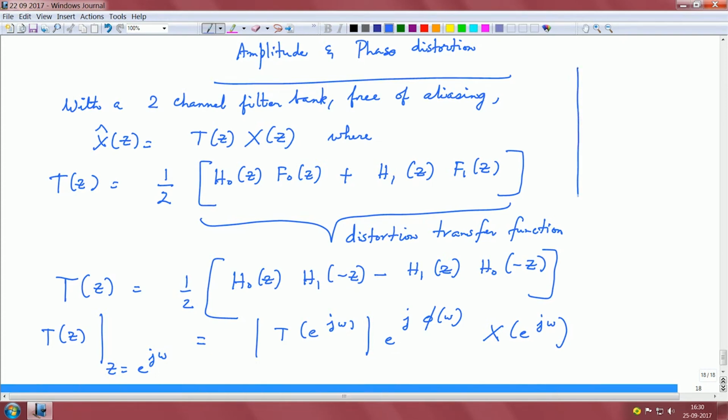Now, unless the modulus of T of e^(j omega) is a constant, some d which is not equal to 0 for all omega, we have magnitude distortion.